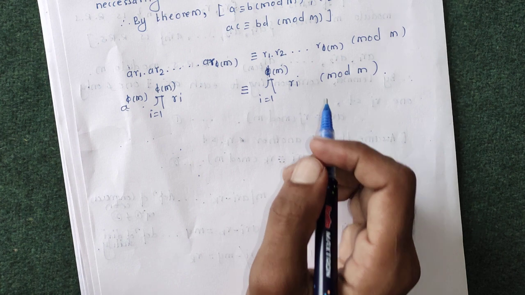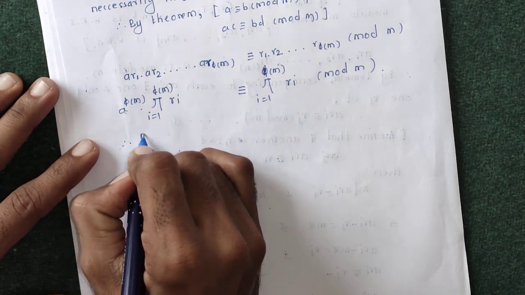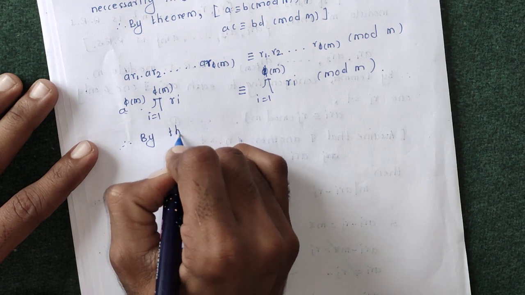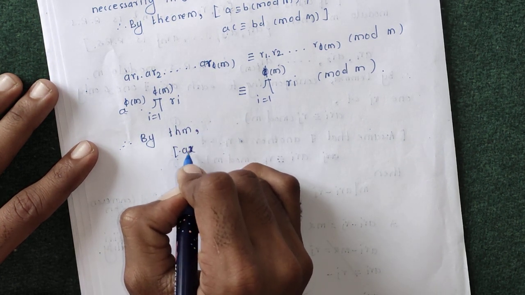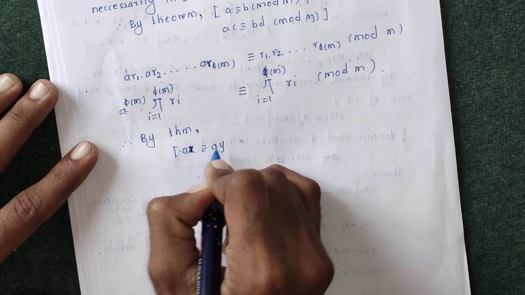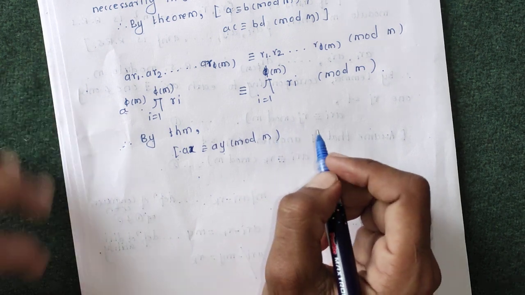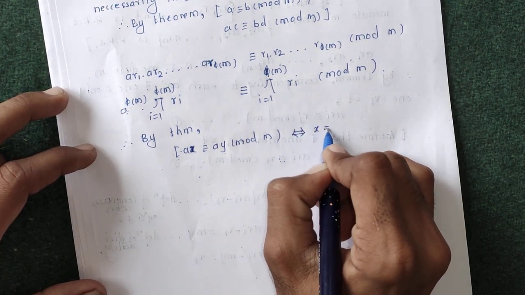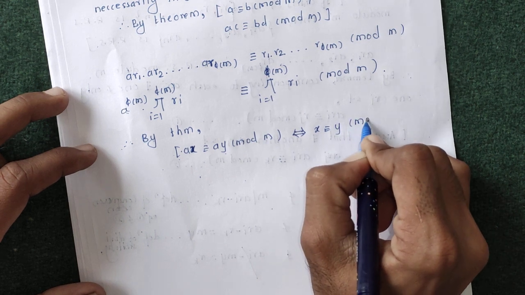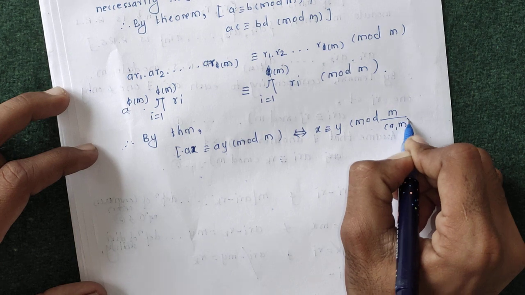Using that result, we can write, therefore by theorem, ax is congruent to ay mod m if and only if x is congruent to y mod m upon GCD of a and m.